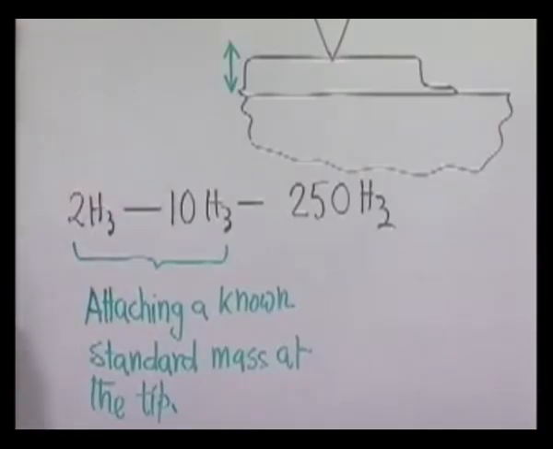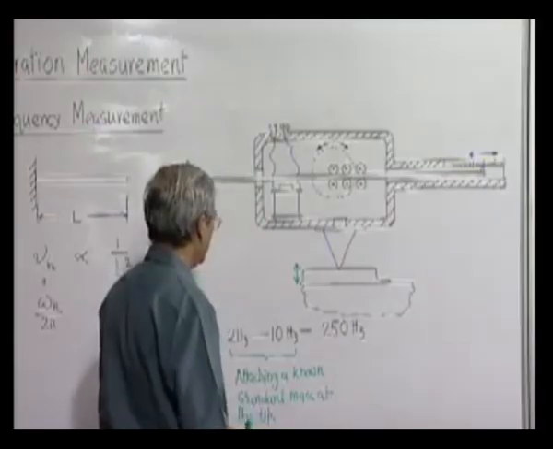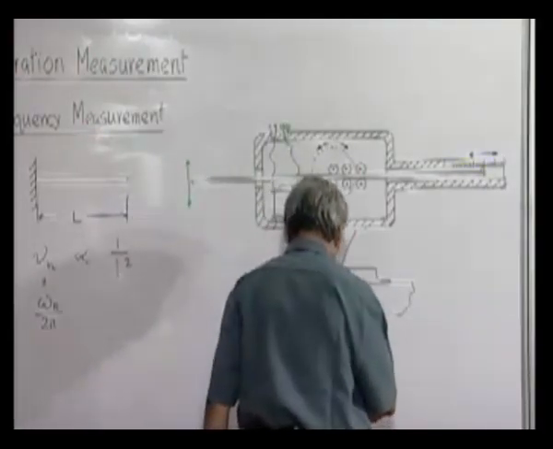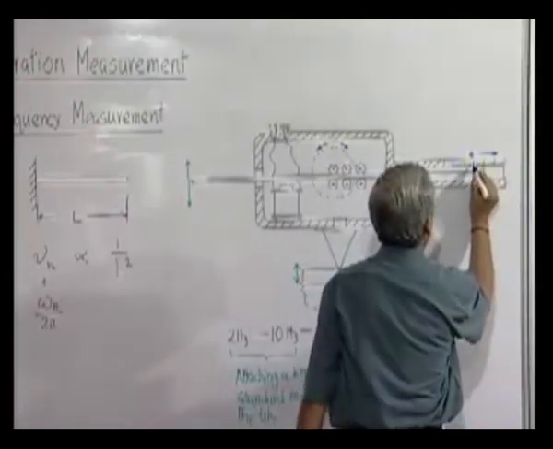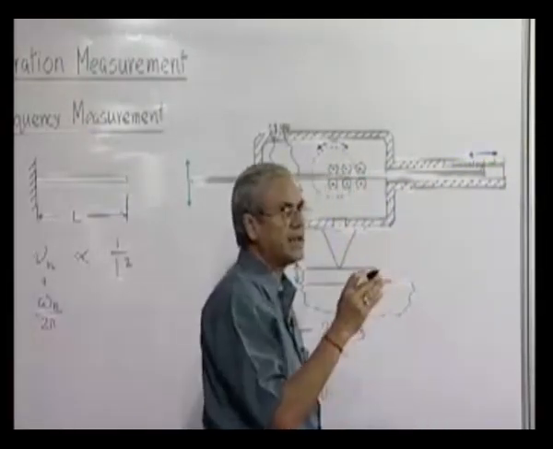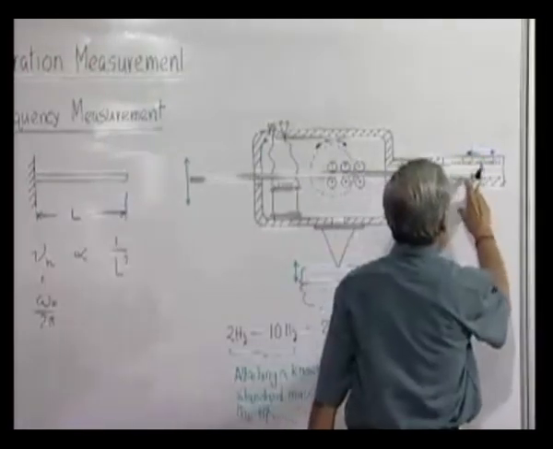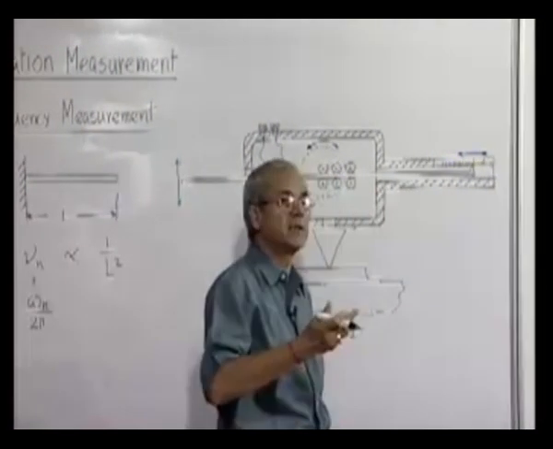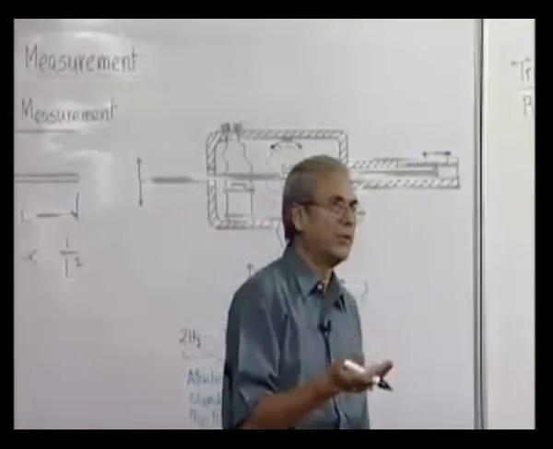Here one disadvantage is that at higher frequency the sensitivity is less. What is meant by sensitivity is this: if the frequency changes, how much should be the displacement of this. If it is too small, then it becomes insensitive to the frequency.